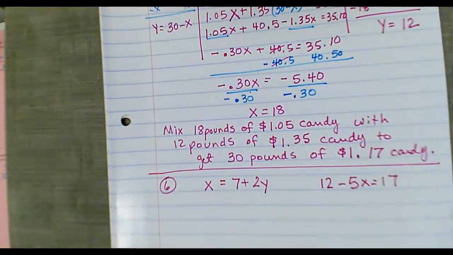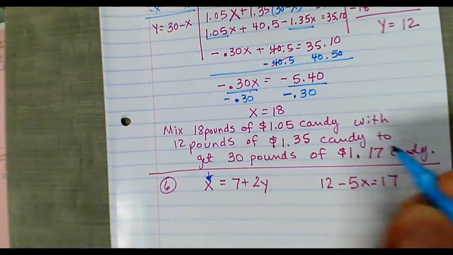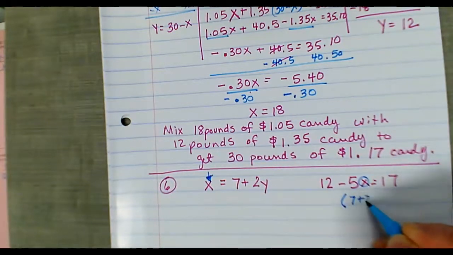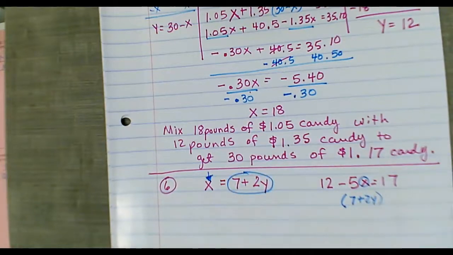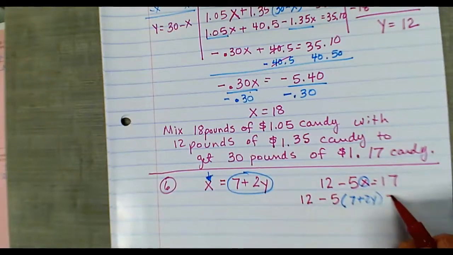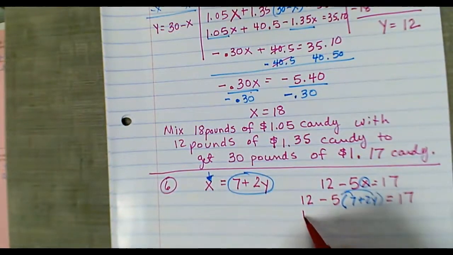Problem number 6 was about a larger and a smaller number. Since this is already solved for x, in place of this x, I am going to put this part right here that's equal to x. I'm going to have 12 minus 5, and I'm going to distribute.